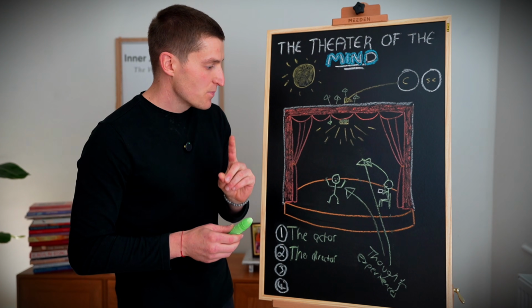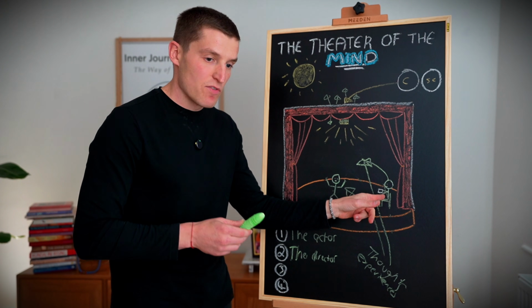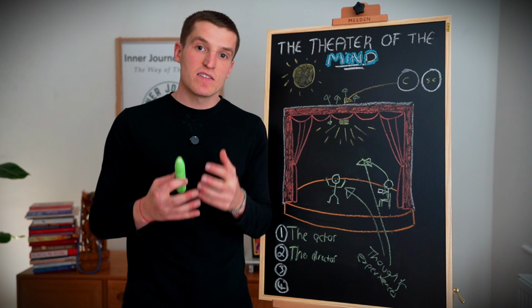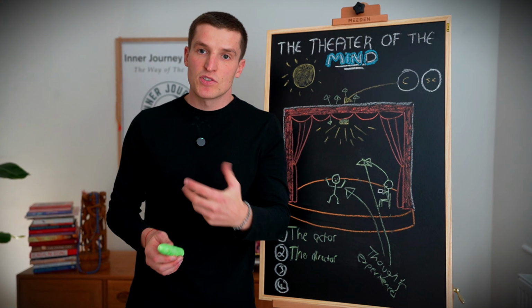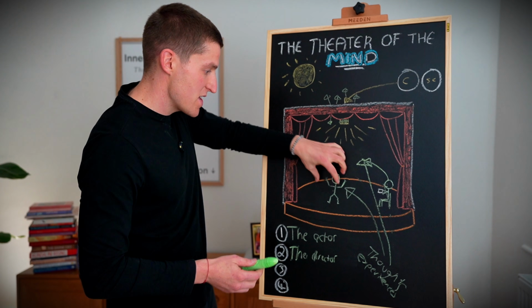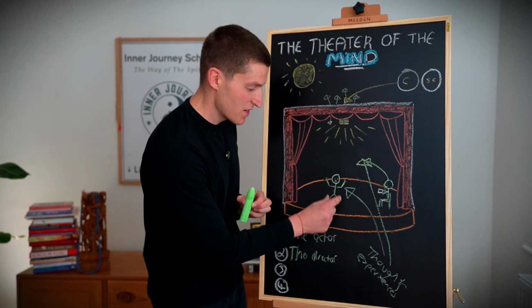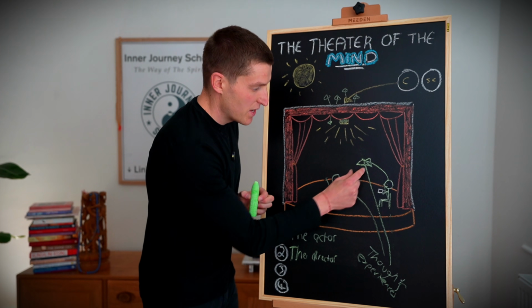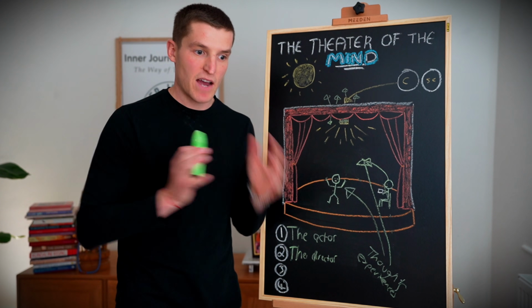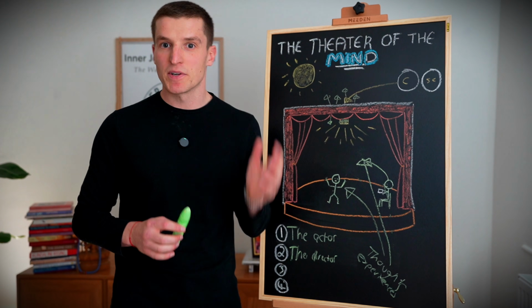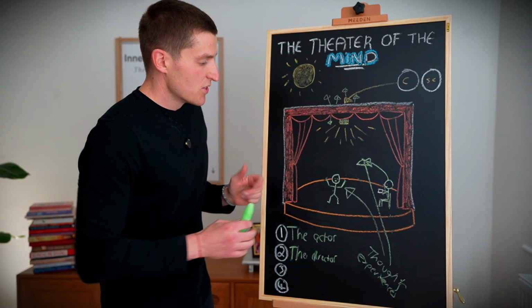If, however, the director is not able to see these thoughts because it's so clouded by beliefs, by perceptions, by ego, because what can happen is that the thought enters and the ego intercepts the thought first and says, I don't want to go to the gym, I'm going to carry on playing my PlayStation, or I'm going to carry on scrolling on Instagram.